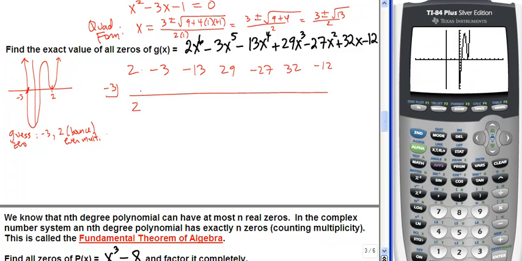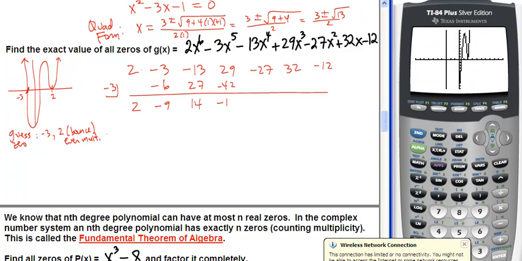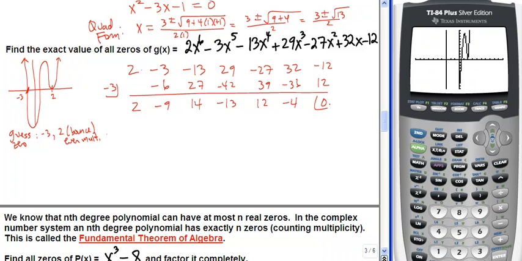So I bring down my 2, I get a -6, so it's -9, 27, which is 14, -42, -13, 39, just 12, negative 36, just negative 4, positive 12, and a 0. So that one worked. Now let's try our 2 on this quotient.